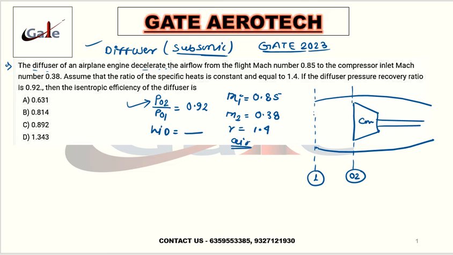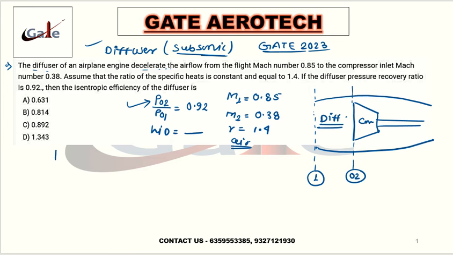At the entry we have static properties, similarly at the exit we have static properties. We worry about static properties at the entry and at the exit. Inside the engine we worry about stagnation properties. So this component is your diffuser, and the station inlet is 1 and exit is 2. Let me correct this also. This is M1. Now they have asked the isentropic efficiency of the diffuser.